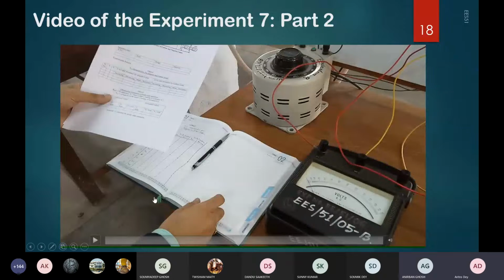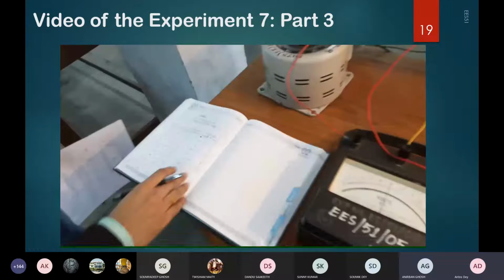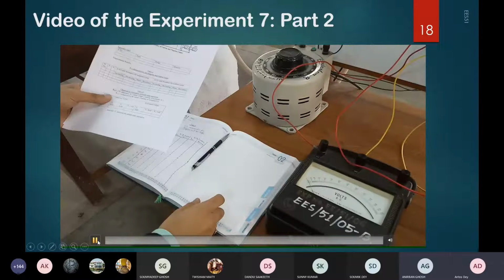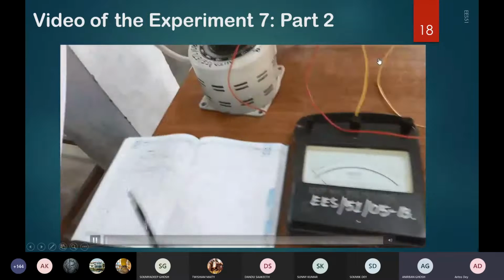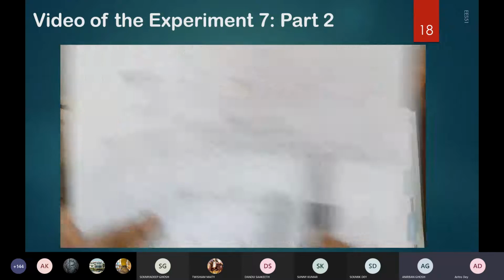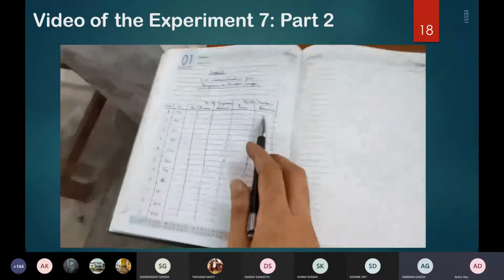Okay, now let us move to the part where we'll take the readings for the VI characteristics by increasing your voltage in steps of 20. Now as our circuit is complete, we can start taking the readings. You can see the same reading table 1 I have prepared in rough for the calculation.